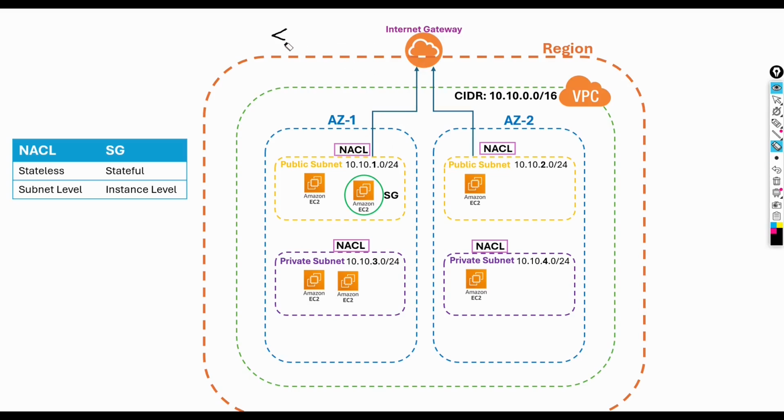In the stateful connection in security group, once we allow the traffic, let's say coming inside to the server, then we have no need to put a reverse traffic rule. It will get allowed by default. So we just need one rule to allow it.